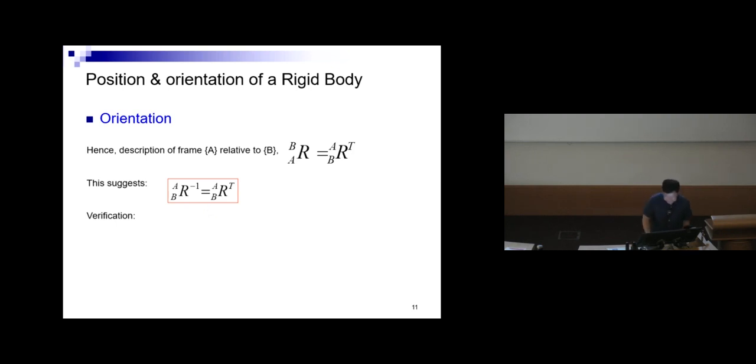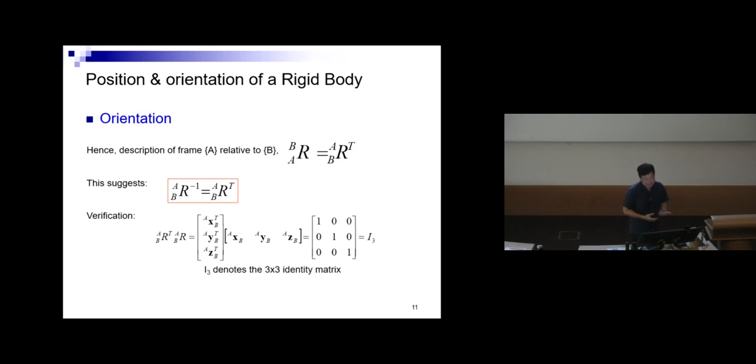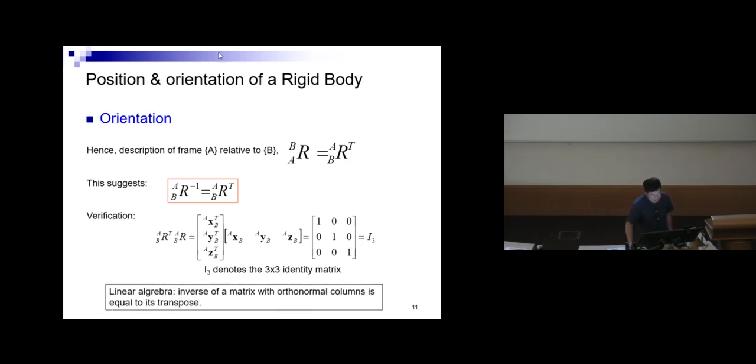So how do we prove that? Simple. We know that if I multiply a matrix by its inverse, I will get the identity matrix. So if I have ABR transpose multiplied by ABR and multiply them together, I will end up with an identity matrix.